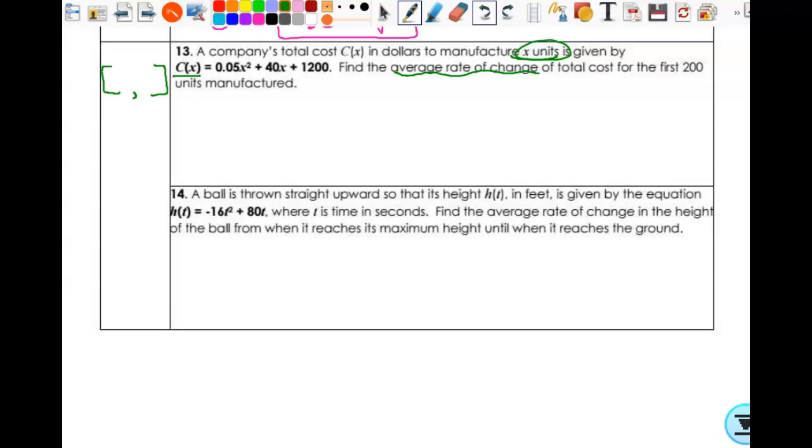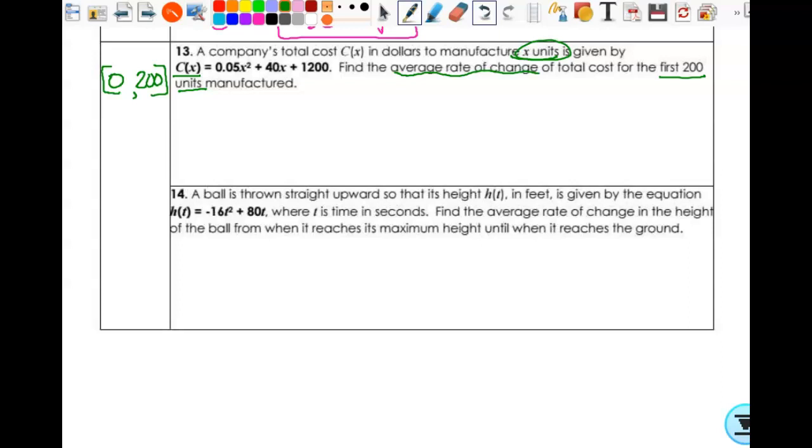So what would my interval be if I want the cost for the first 200 units? It would actually be 0 to 200, right? Because there's a cost to run stuff even if you don't actually manufacture any. So for the first 200 units, I'm going from 0 to 200. That make sense? So I have my interval, I have my function.